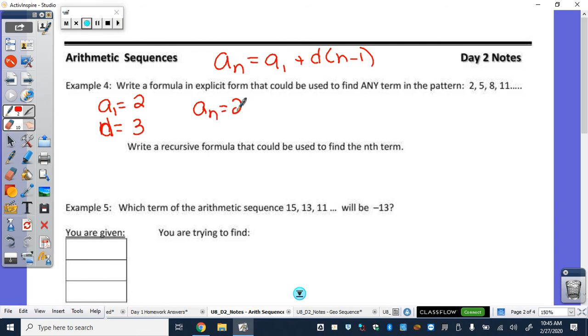so n is going to stay as n in our formula. Because again, we're just writing a general formula that could be used to find any term. So it ended up being 2 plus 3 times n minus 1. Distribute your 3, combine your like terms. What do we end up getting?